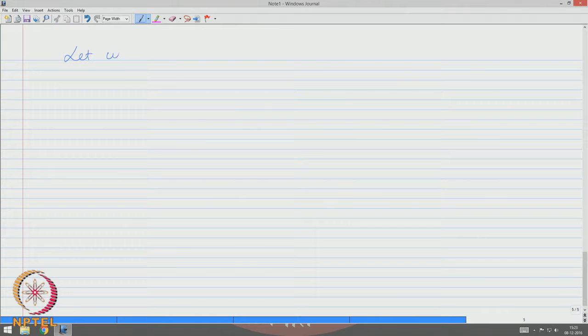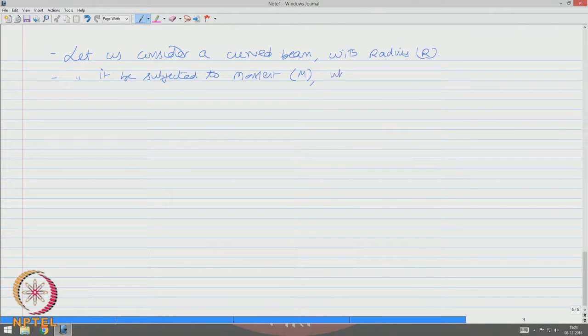So, consider a curved beam with radius r. Let it be subjected to moment m, which tends to decrease the radius of curvature.